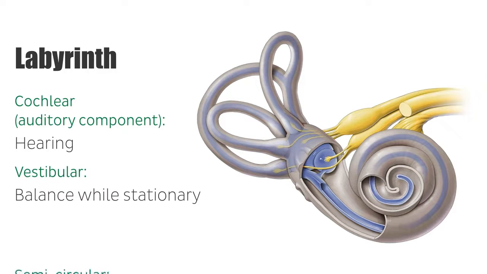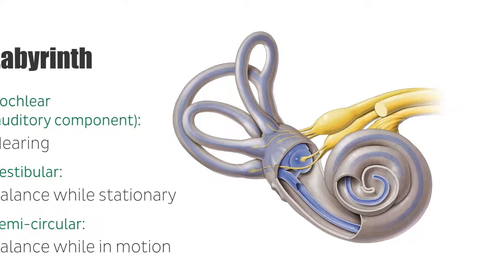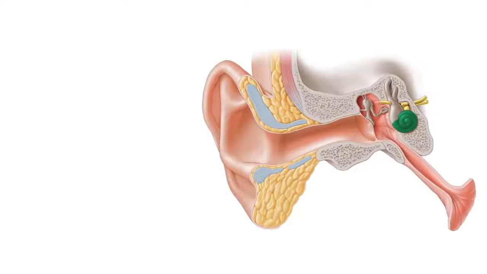And finally, we have the semicircular component, which regulates balance while in motion. So in this image, we can see the cochlear component here, we can see the vestibular part here, and the semicircular part here. So now let's look at the auditory component of the inner ear, the cochlea.